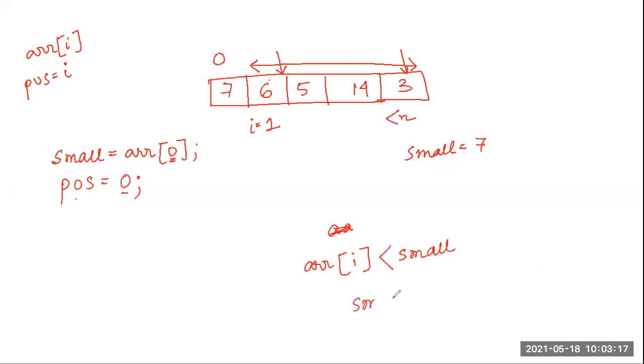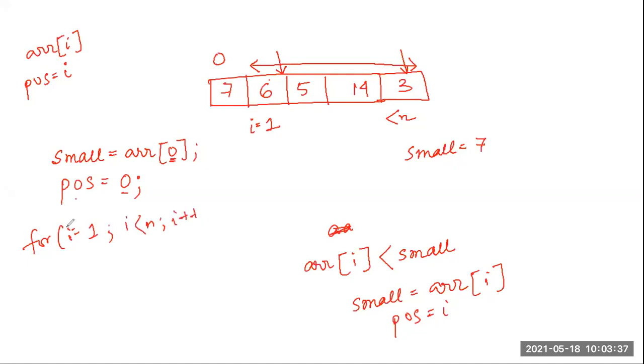And accordingly, my position will also be updated. What does that mean? My for loop is starting from i equal to 1. It will go on till i less than n, with i plus plus.